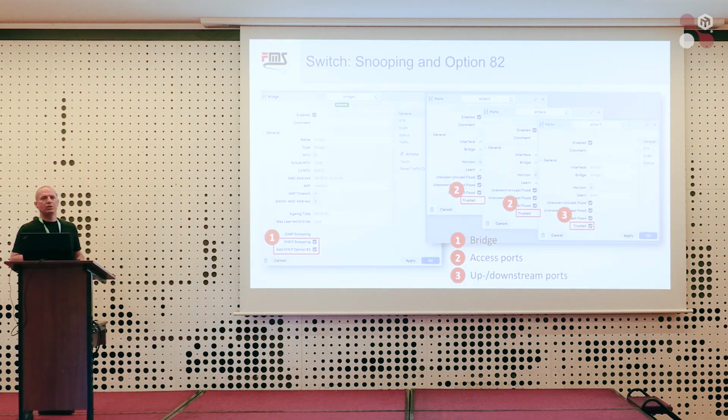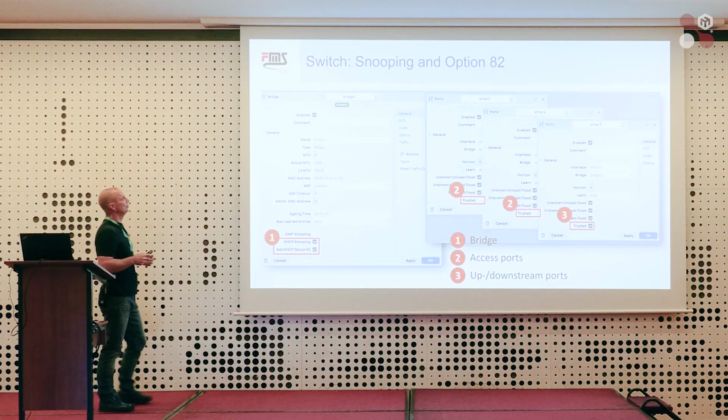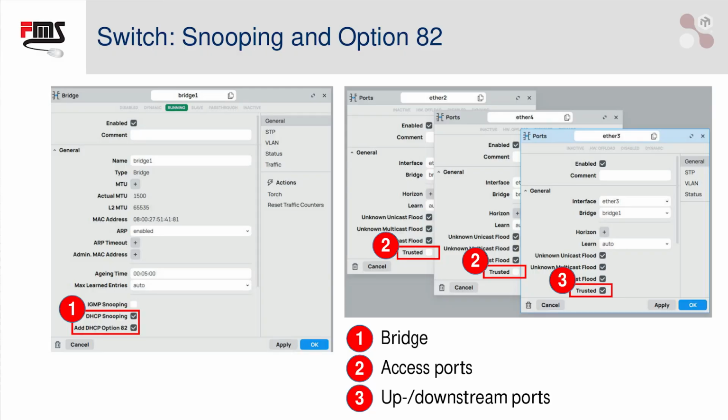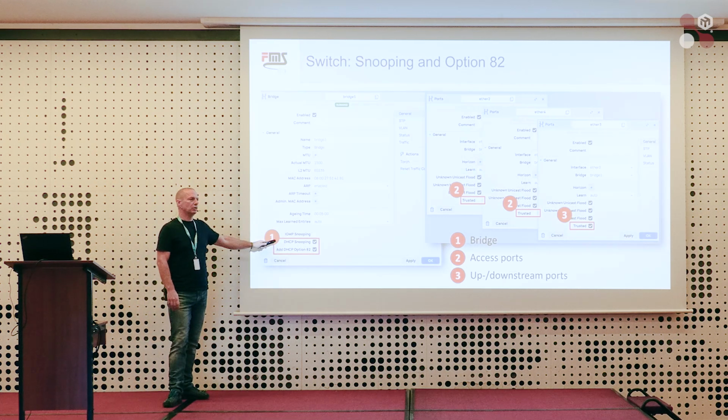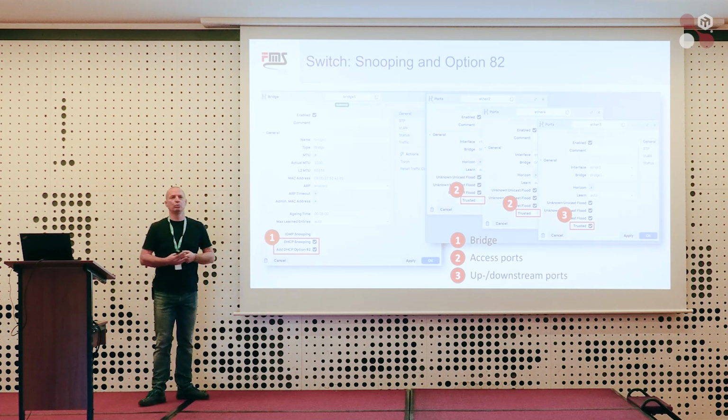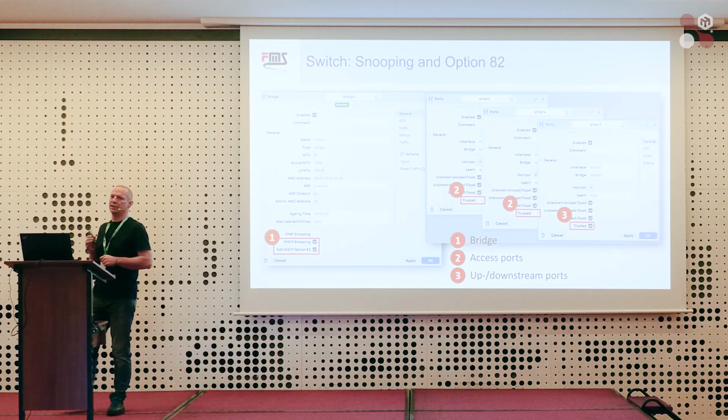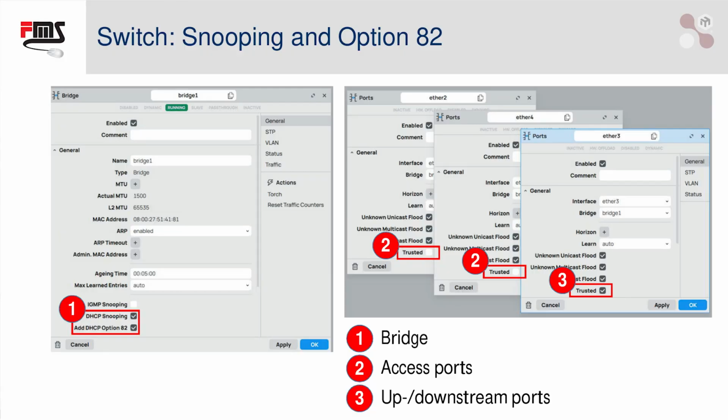So for the DHCP option, to make that work, you have to enable DHCP snooping on your access switch. We don't care about snooping in this example, but option 82 will not be available if you do not enable snooping. So go ahead, enable snooping, enable option 82. And since we enable snooping, we have to care for the trusted state of your ports.